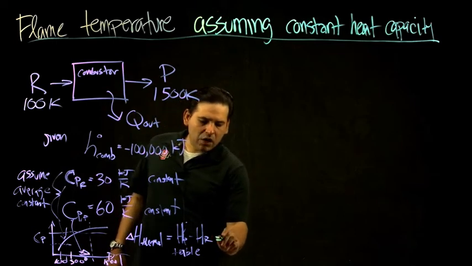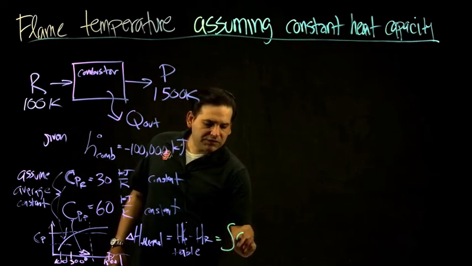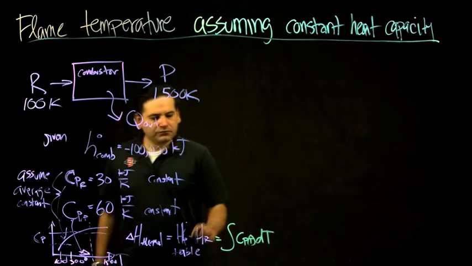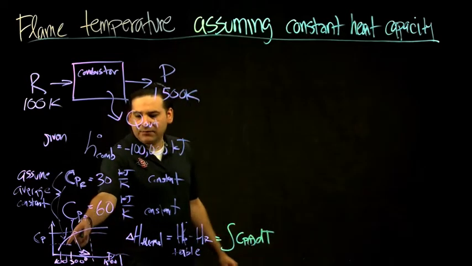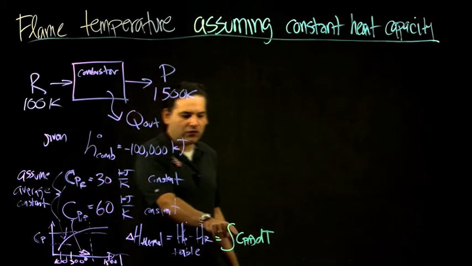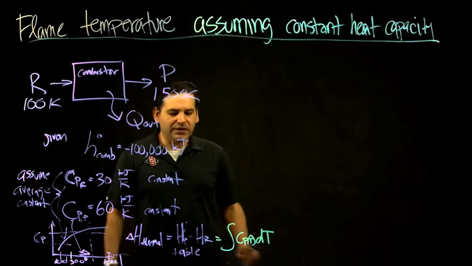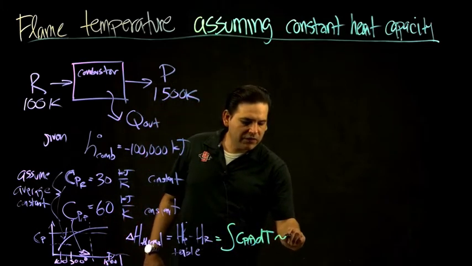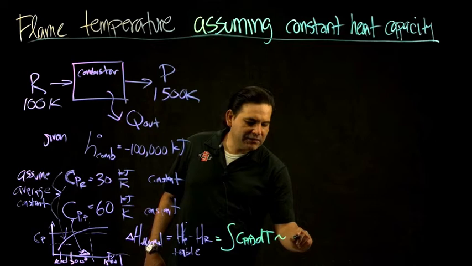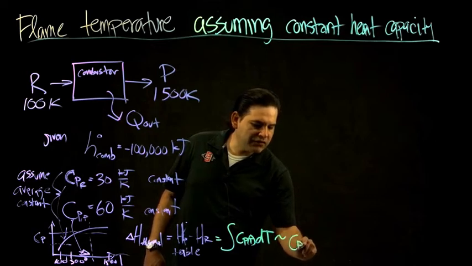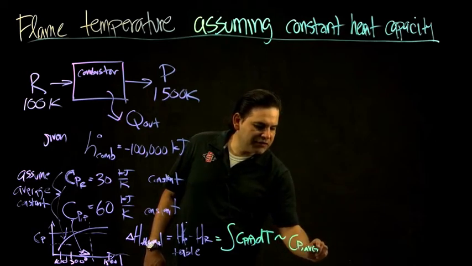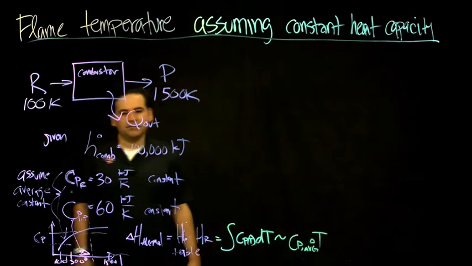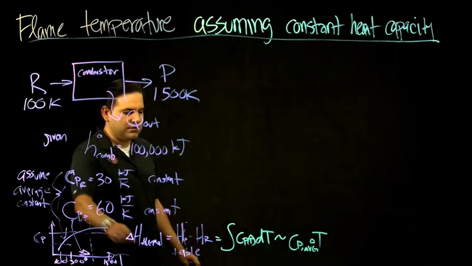Or if you had a model for the specific heat as a function of temperature, you can account for this temperature function, integrate it over this temperature change, and that would give you a pretty good result. Or, like we do here, you can estimate some constant average value to say Cp delta T. So that's what we're doing here.